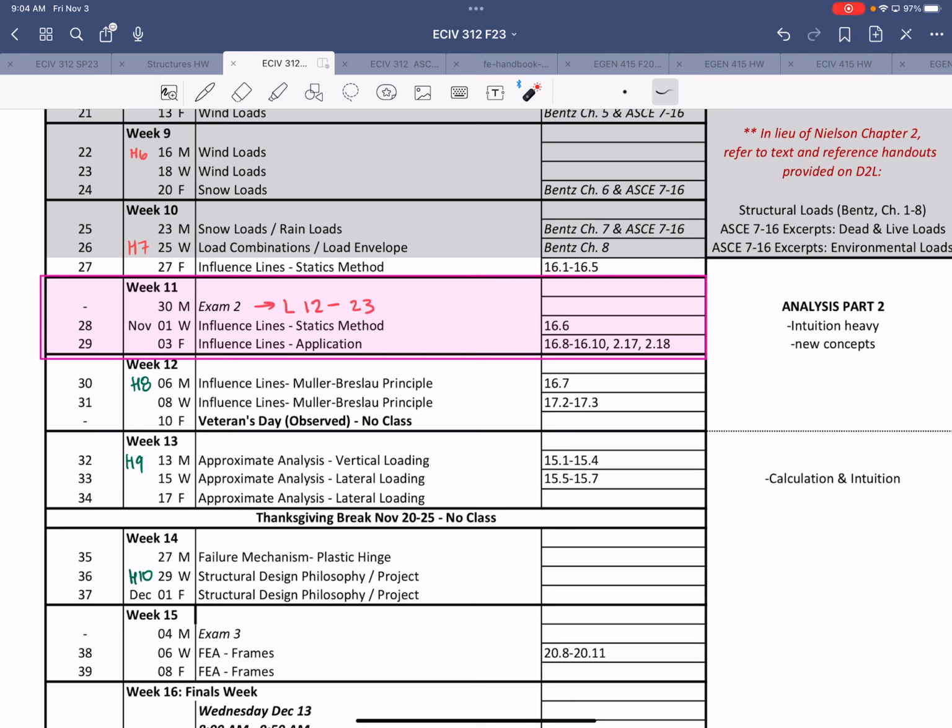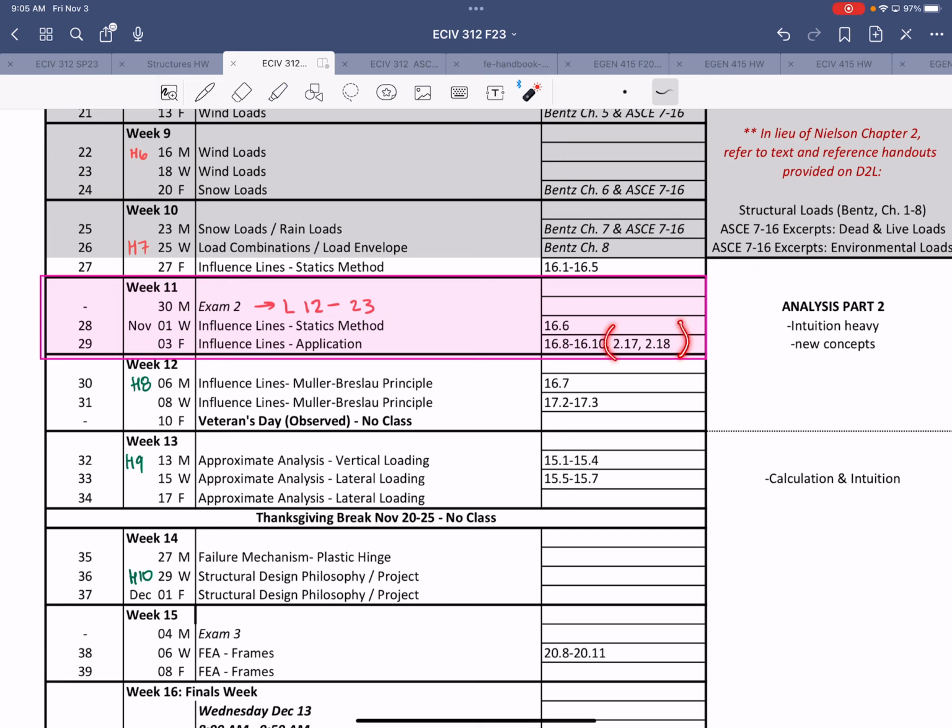So using influence lines, it's similar, except we're focusing on one specific response with the influence line, and then we can quickly identify what is the maximum possible value for that response based on all the possible locations of where the loads can be applied, right? So you can identify the worst case scenario for live load placement. And so that's going to be the focus of section 10 in chapter 16.